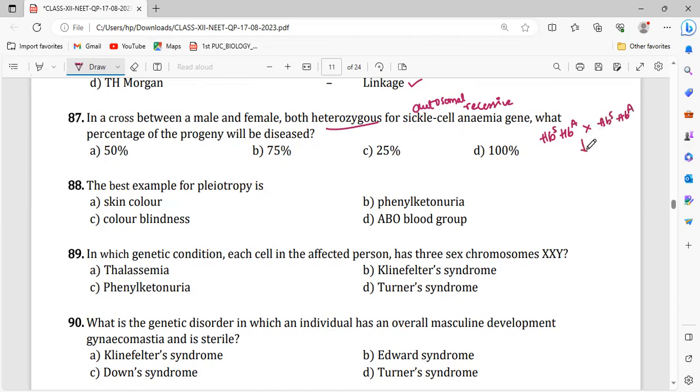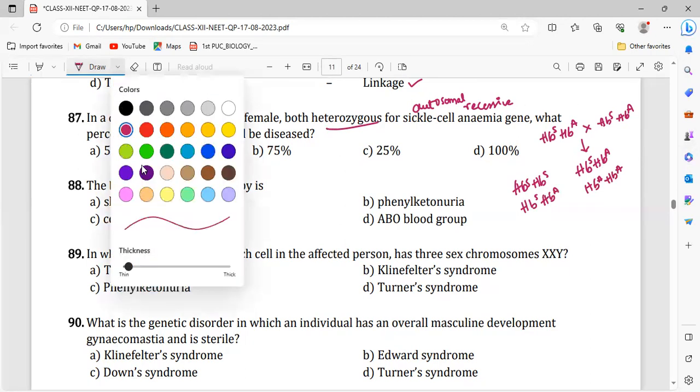Right? So if we see the offsprings, offsprings will be HbS HbS, then HbS HbA, HbS HbA, and HbA HbA. So these are the genotypes of the offsprings.